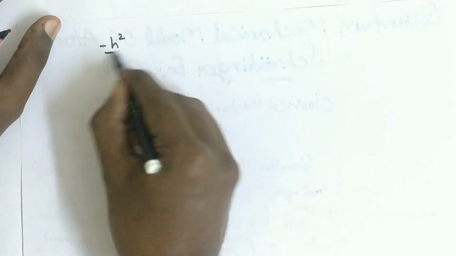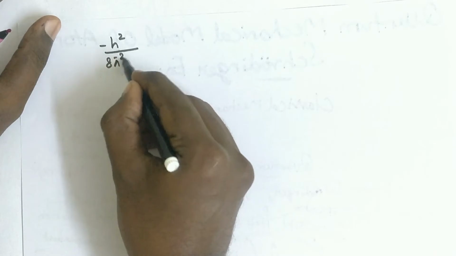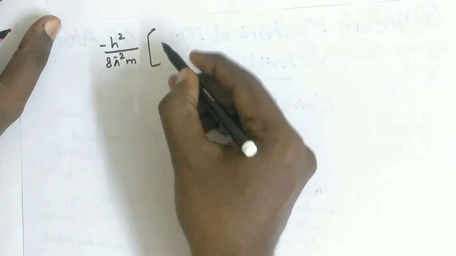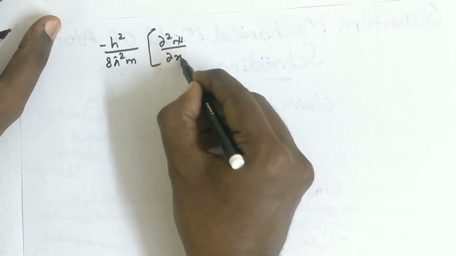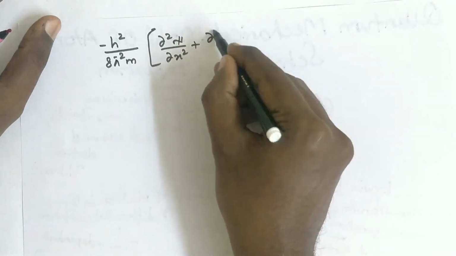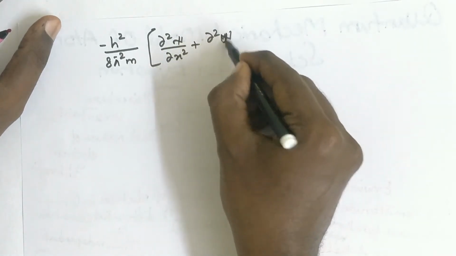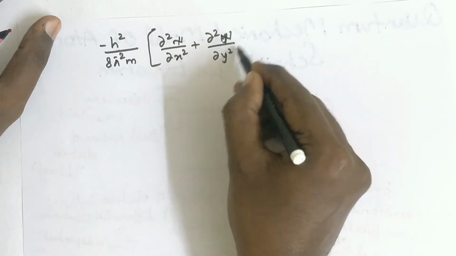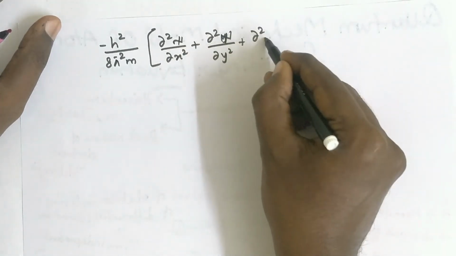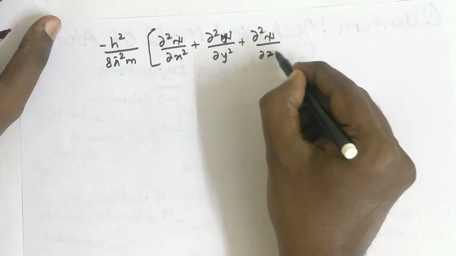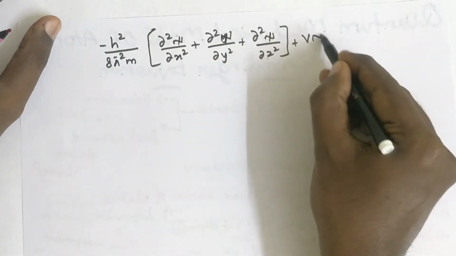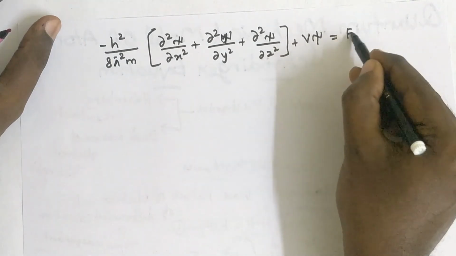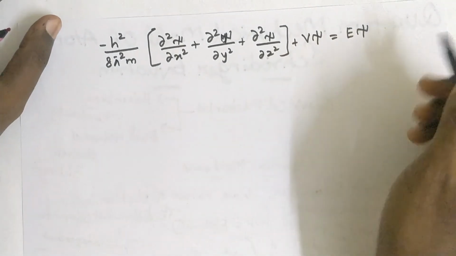Then you will get minus h square by 8 pi square m, and when you multiply psi with the dou squares, dou square psi by dou x square plus dou square psi by dou y square plus dou square psi by dou z square, plus V psi equal to E psi.